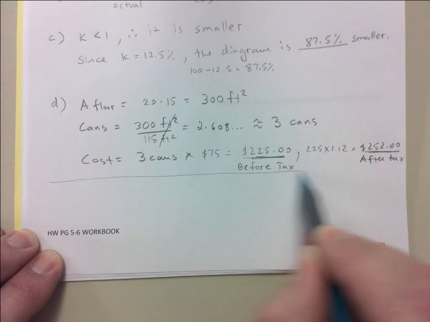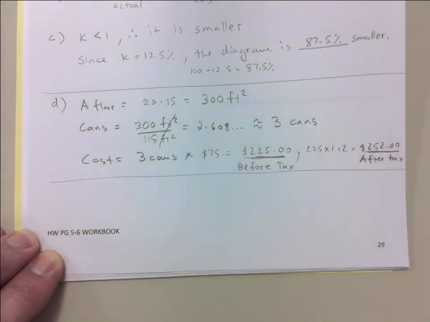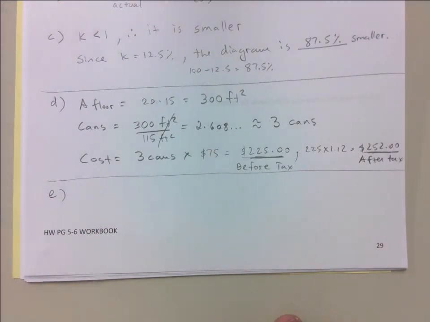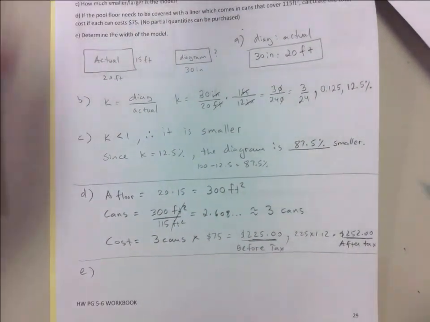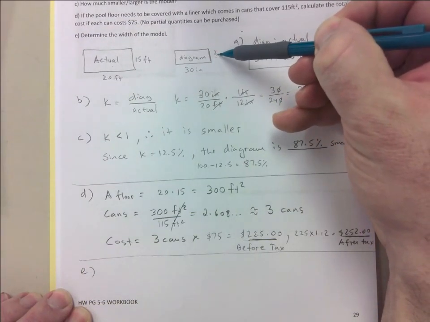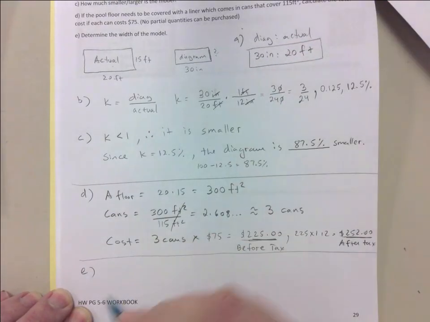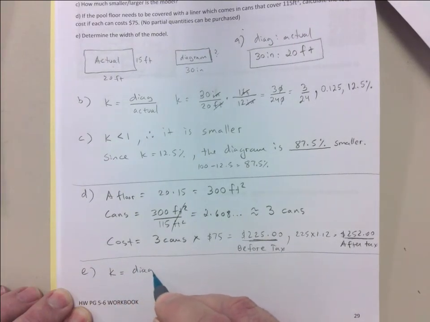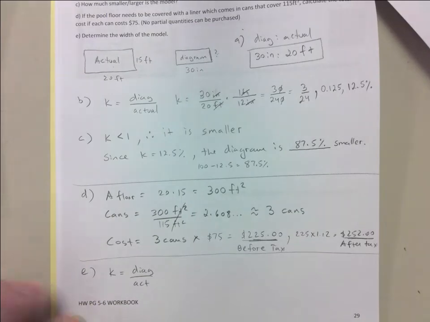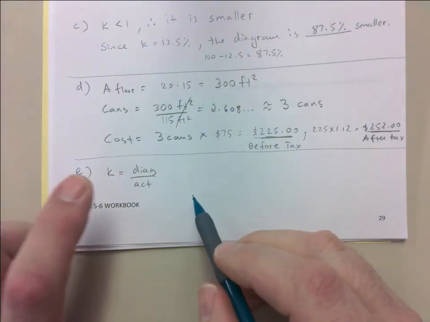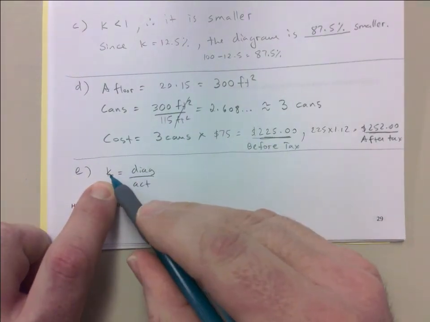Let's cut this here. I like to section everything off. E. Determine the width of the model. I'm going to zoom back to the top, right? For a model, we don't know the width for the diagram here, so it's asking for it. So remember, you still use this one. Diagram, actual. Sorry, can't see that. I do know my scale factor, so I figured it out.